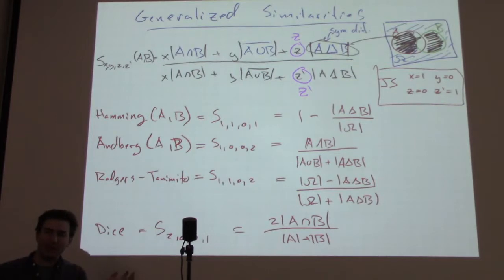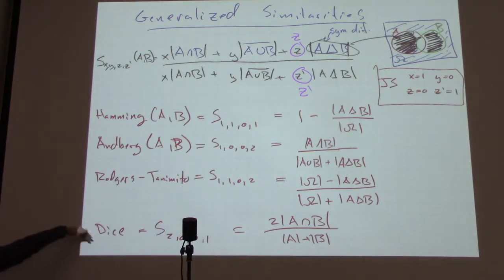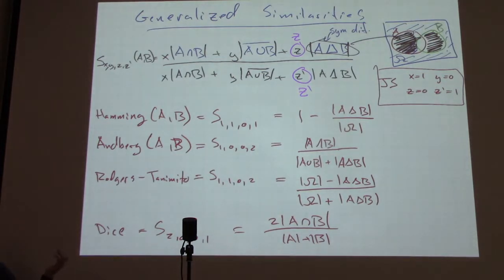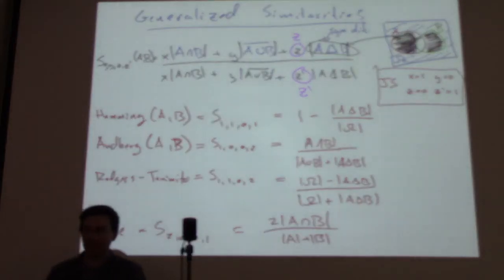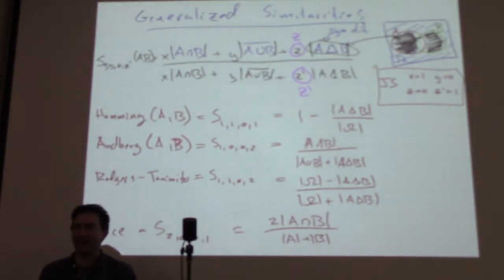By default I would use the Jaccard, which seems to be the most popular, but in some areas the Dice or the Hamming or the Anderberg is the default measure to use, and that's what everyone uses when they do their comparisons. So if you ask me what's the best one, I cannot tell you. There isn't an answer to this.